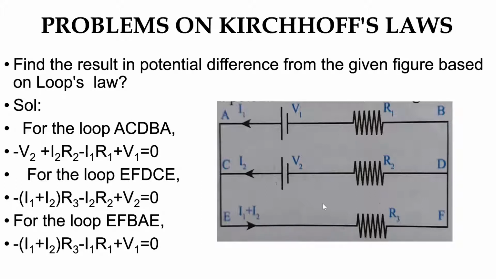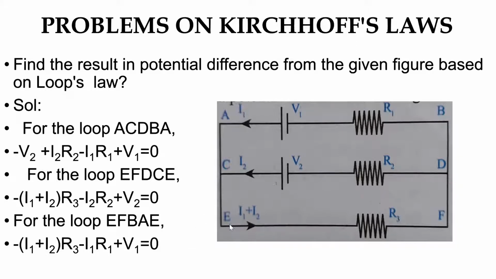And the EMF across R2 is taken as minus I2 R2. In our previous loop, we were going in the opposite direction compared to this, so that is why in that loop we had plus I2 R2. Whereas in this particular loop we have the EMF across R2 as minus I2 R2, and plus V2 equal to 0.